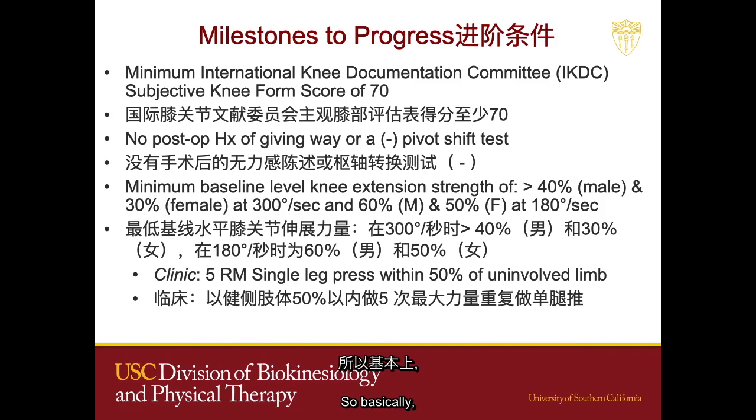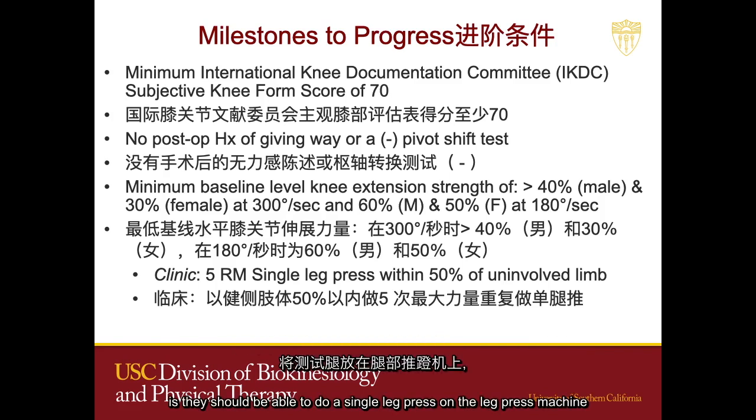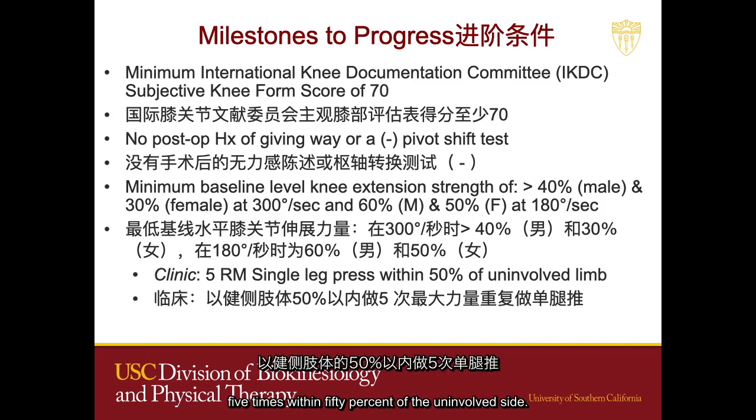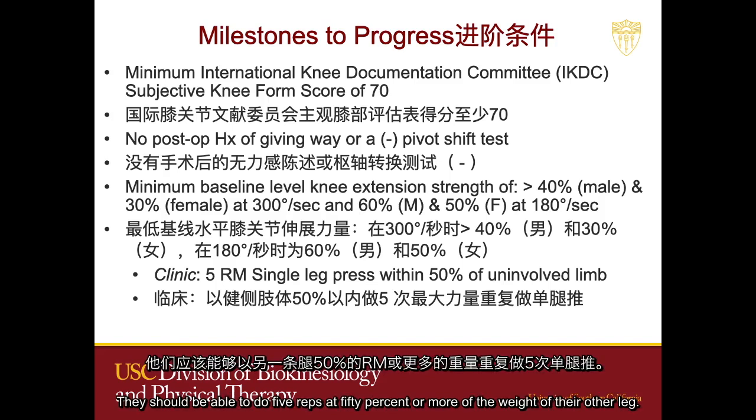So basically how you can test this if you don't have a KINCOM is they should be able to do a single leg press on a leg press machine 5 times within 50% of the uninvolved side. Okay, so you put them on a leg press, they're doing one leg, they should be able to do 5 reps at 50% or more of the weight of their other leg.